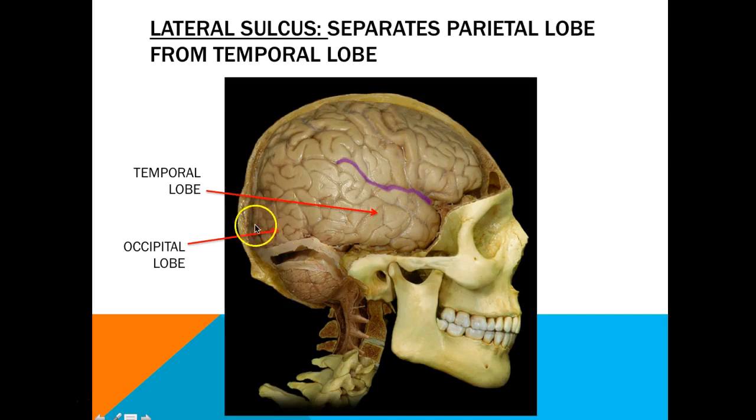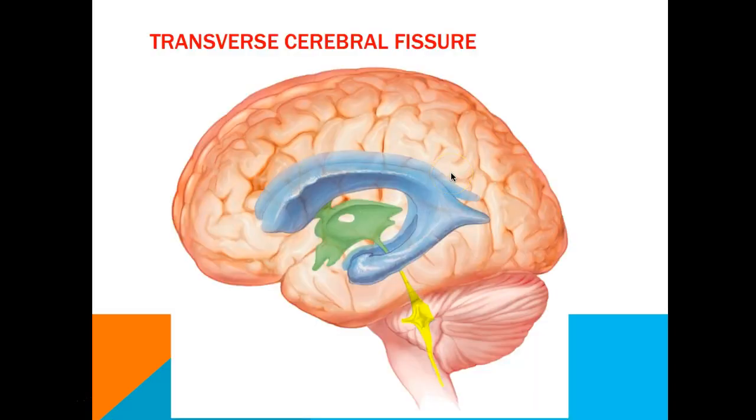We can also see back in here is your occipital lobe, and this would be your frontal lobe. Another fissure we need to be aware of is your transverse cerebral fissure, and that can be found between the cerebrum and the cerebellum. Later, we'll talk about some important dural folds that lie within this area.